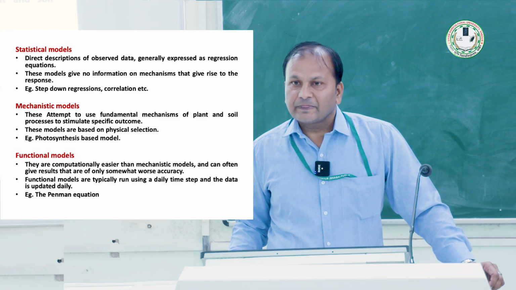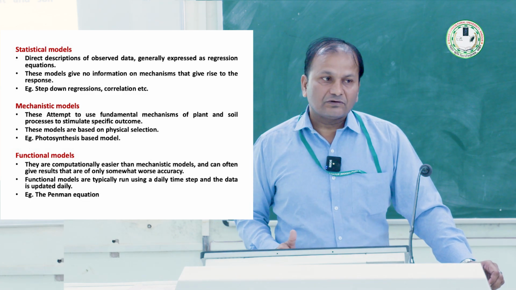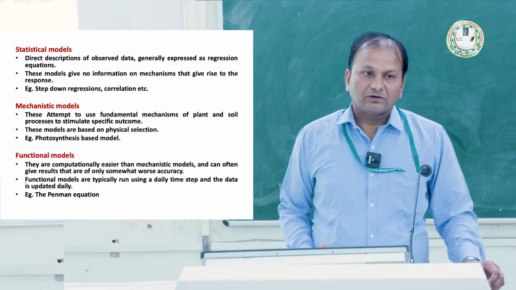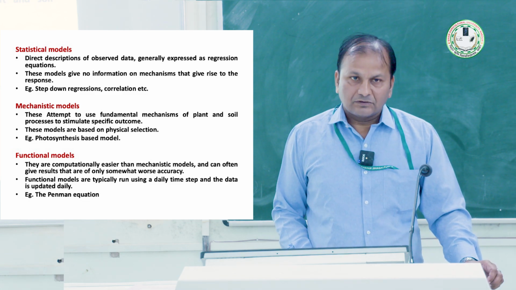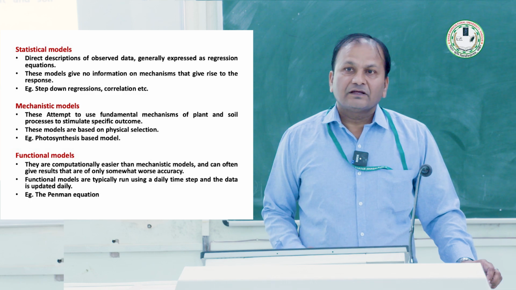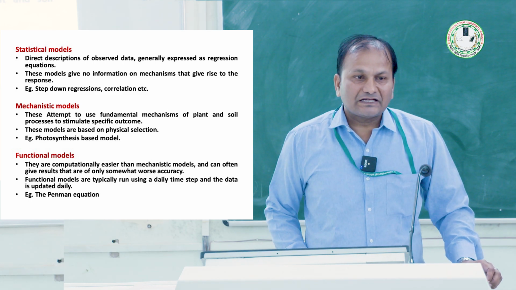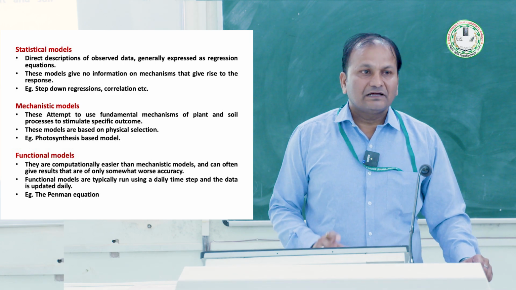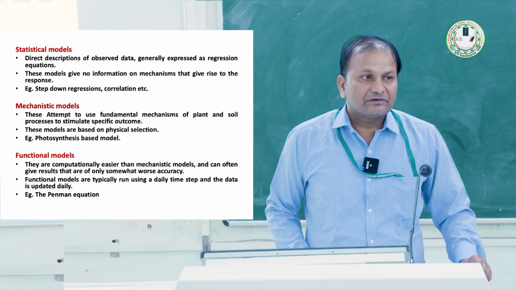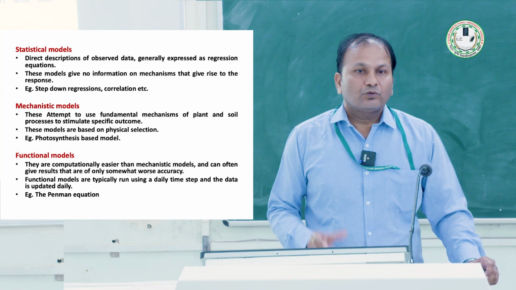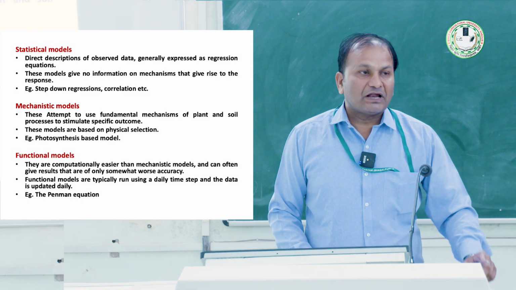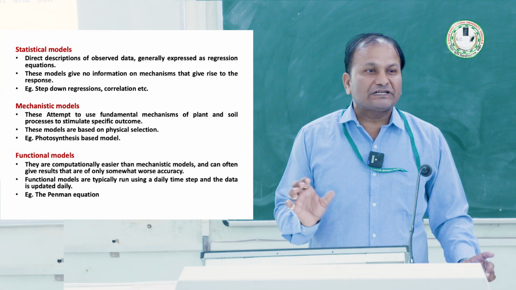Yield. Okay. Before yield, days to flowering, days to maturity, or spikes, number of spikes. For example, wheat: number of spikes, number of seeds or number of grains, weight of the grain, plant height, number of tillers.